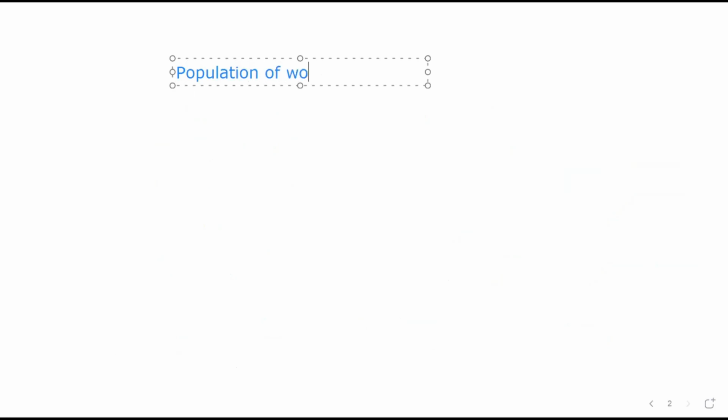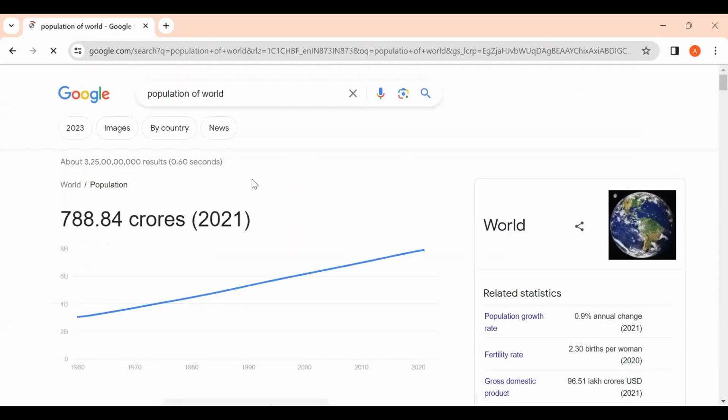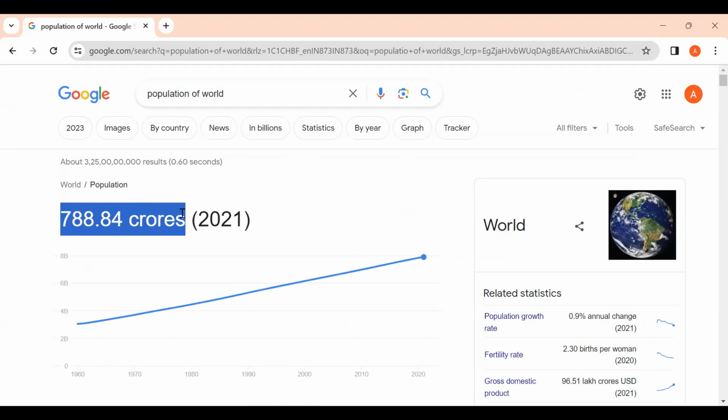Population of our world, let me check. Does this much complete our needs in 2023?